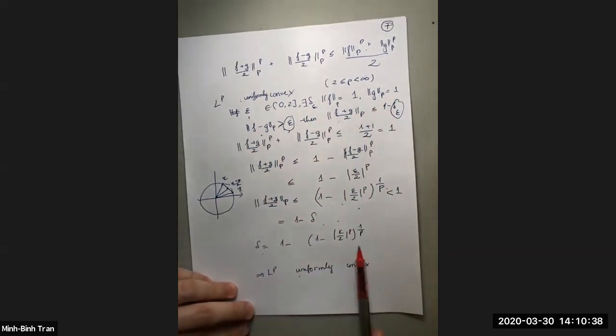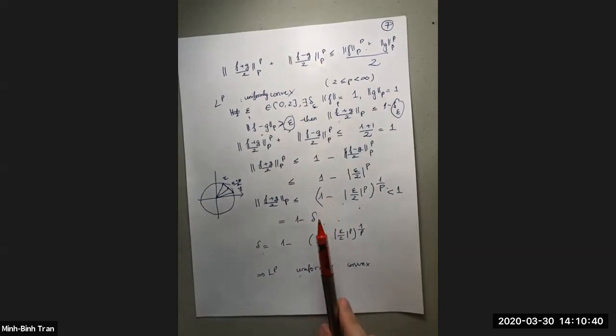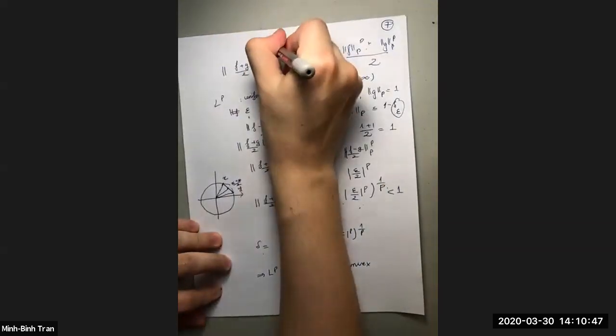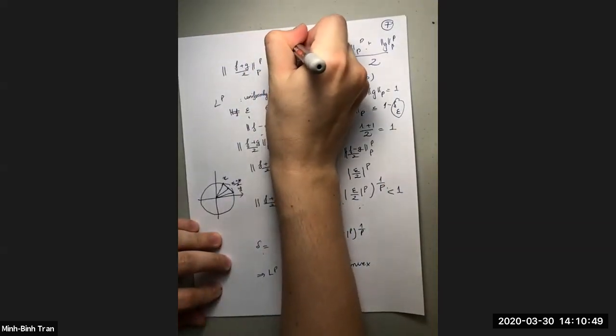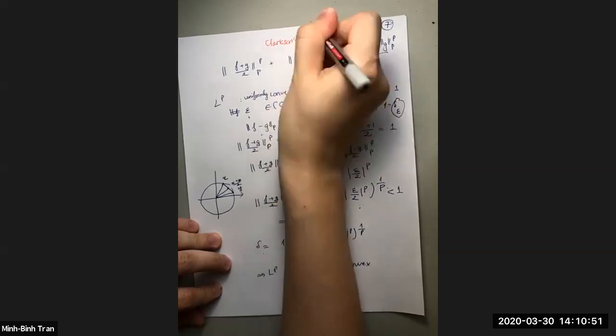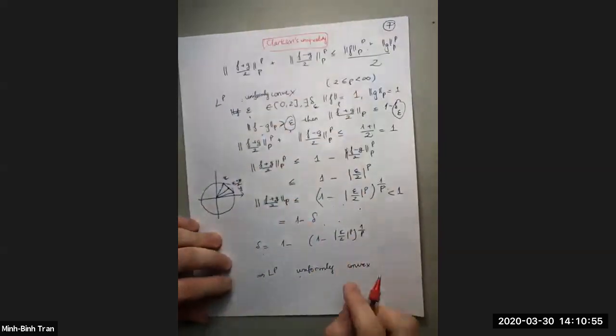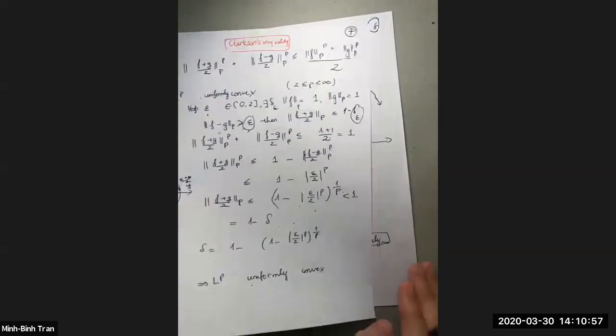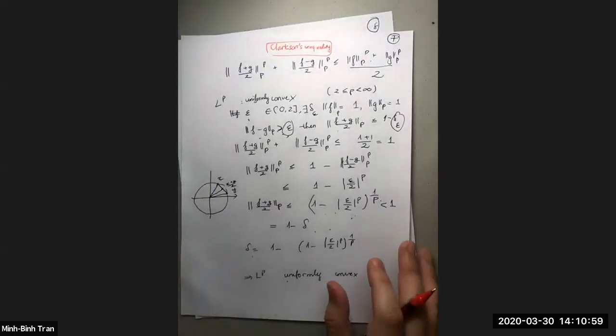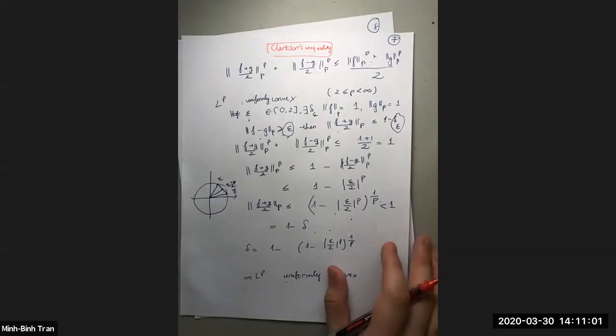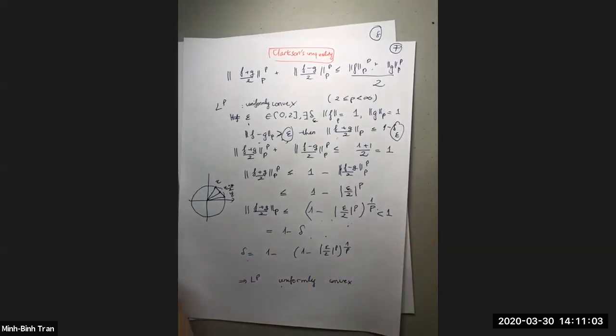And this is how you show this using the inequality that we just showed. This is the Clarkson inequality. This is important, but it is a very difficult inequality. Any questions? If there are no questions, let us continue our discussion.